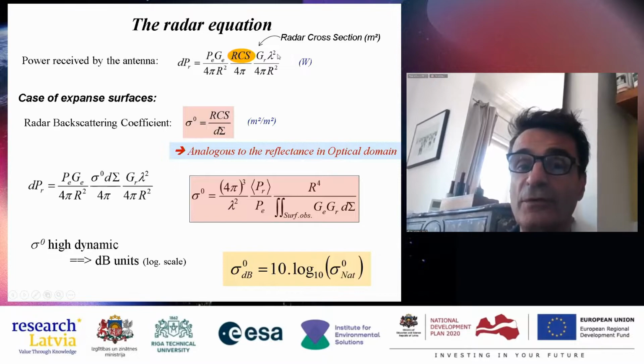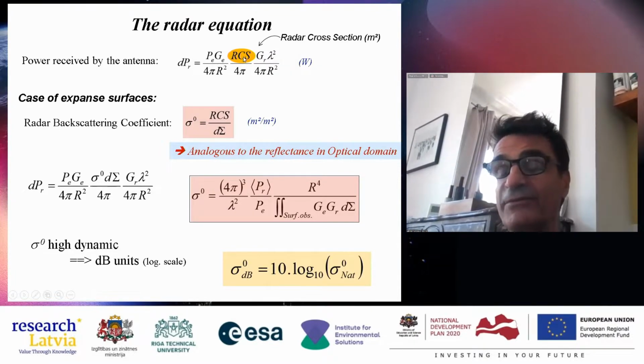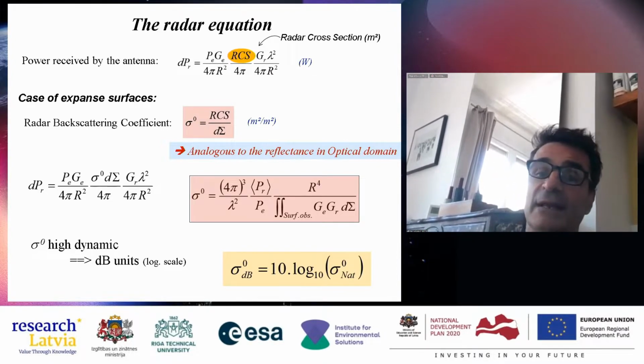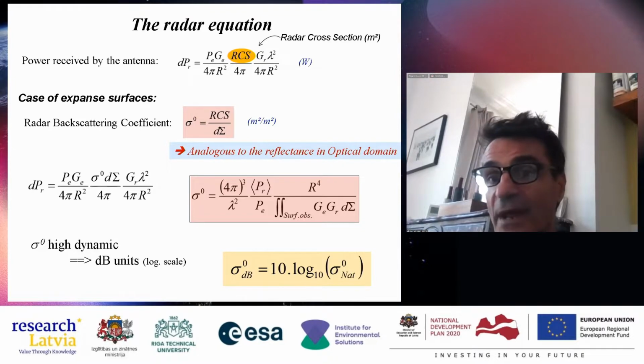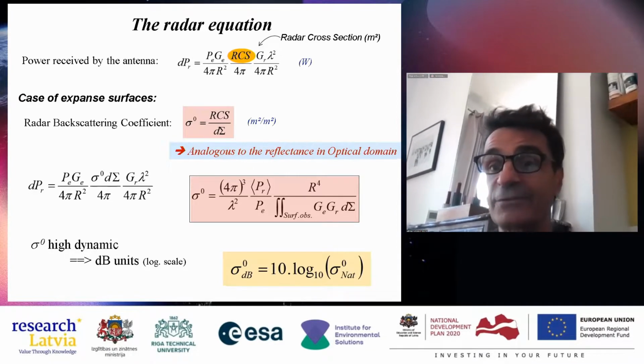power to the surface, it is the equivalent of optical reflectance. In radar, we call it the radar cross-section. The radar cross-section is the cross-section that is seen by the waves of the radar. For example, you can have a very big object, but that is quite transparent for electromagnetic waves.